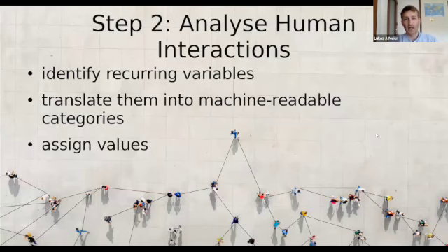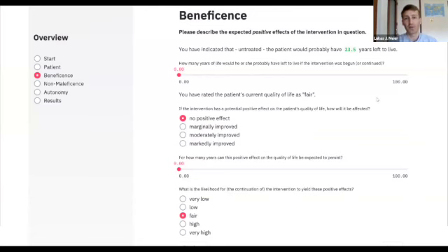Next step was analyzing interactions that take place in the clinic in order to acquire the input variables we need. Because you'd have to tell the algorithm what kind of case it is and which variables you need for that. We try to glean from actual interactions in the clinic. And this is the user interface we then developed.